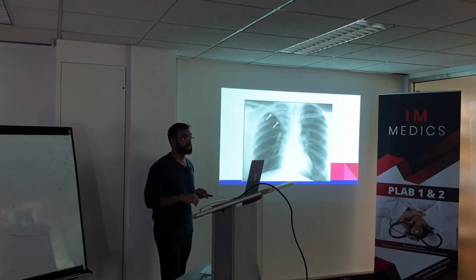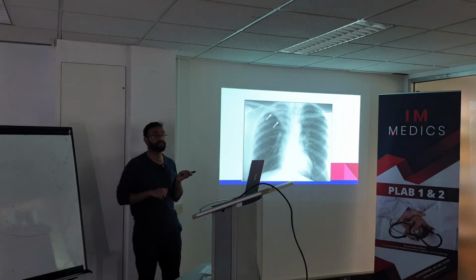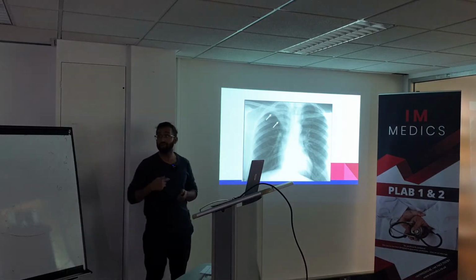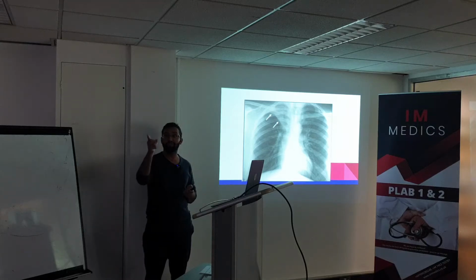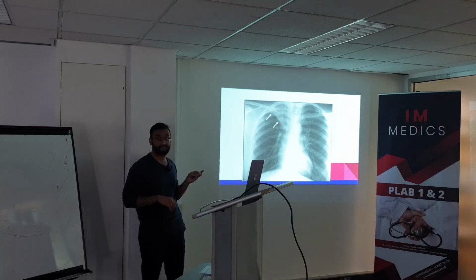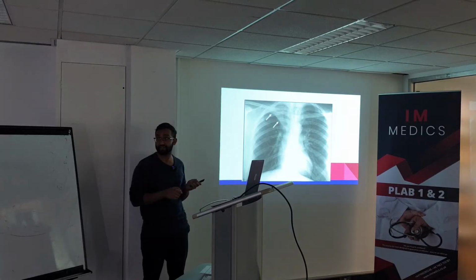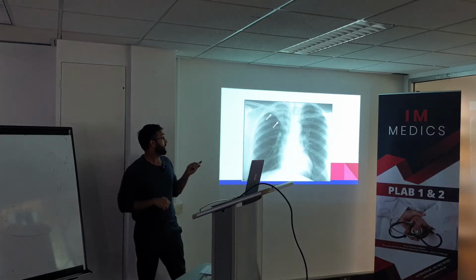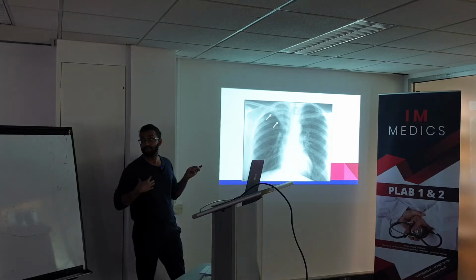And here, do you know what this is? So consolidation would normally give you a patchy area, but can you see here, this is a well demarcated area. It's very precise. So here it is a right upper lobe atelectasis.